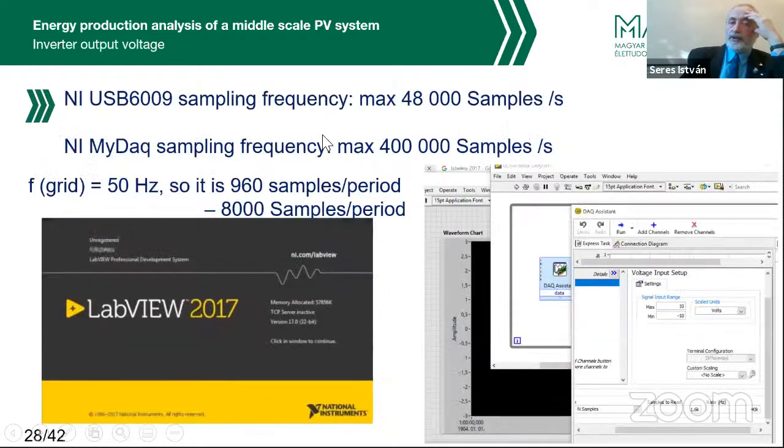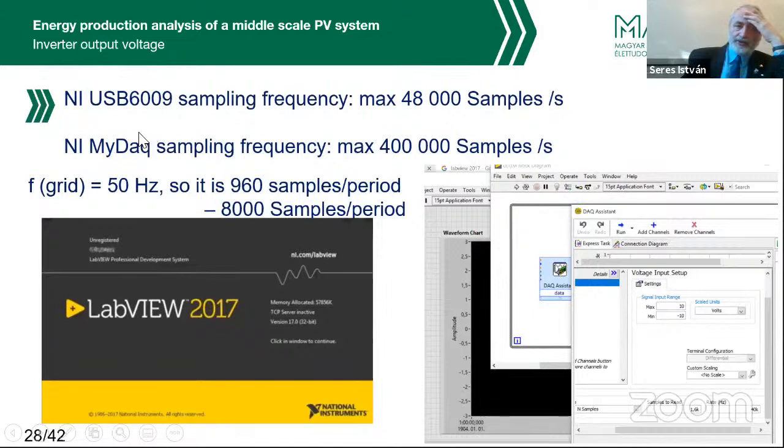We were using two types of units for this purpose. This is a National Instruments USB. It's a very simple one, which can measure with 48 kilosamples per second. And we were using the National Instruments MyDAQ unit.